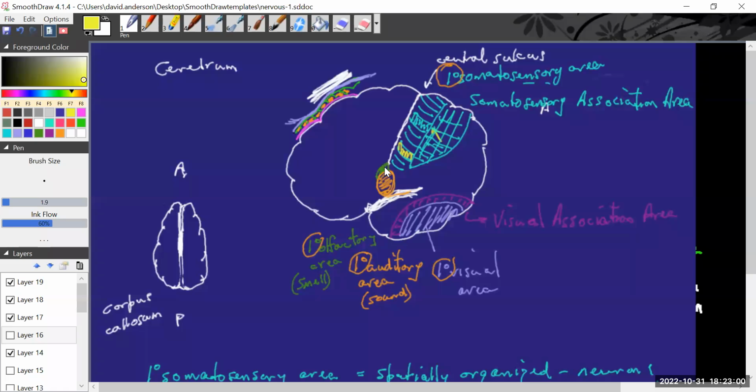So a group of neurons that are around the auditory area would be the auditory association area. So we're going to have association areas for all of our primary sensations.